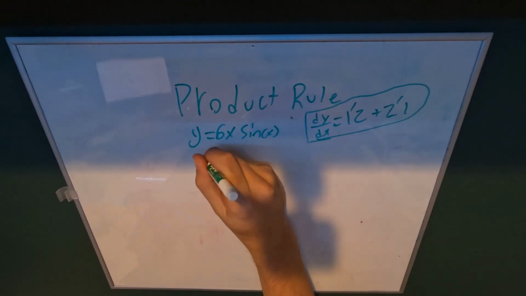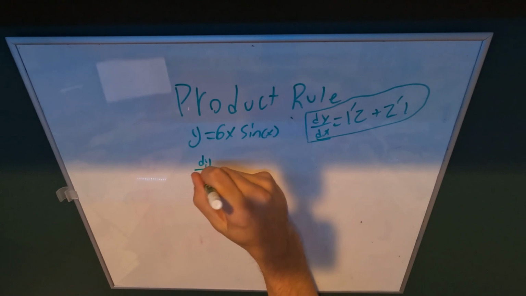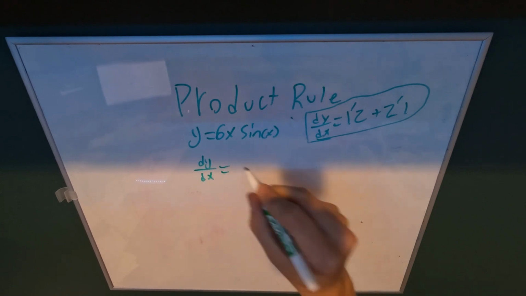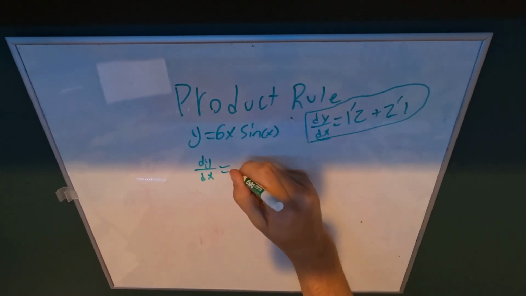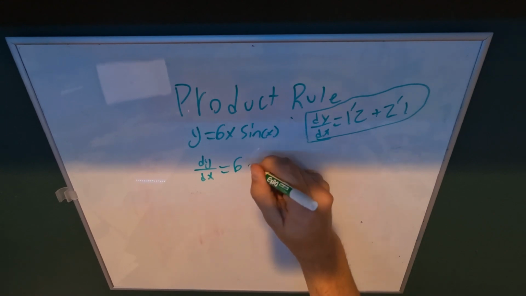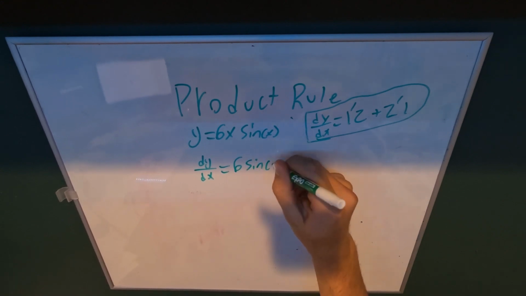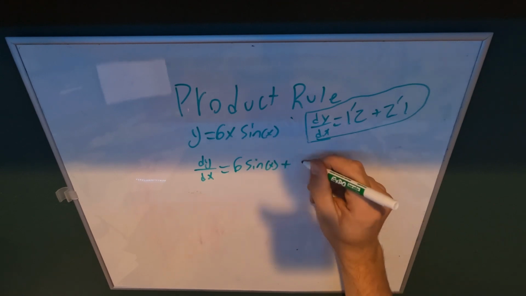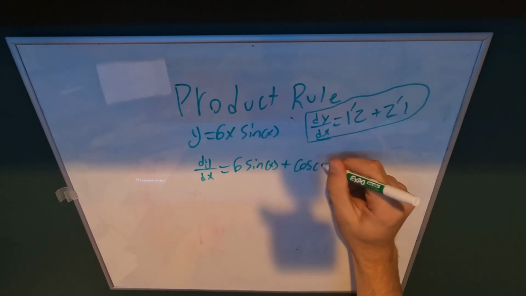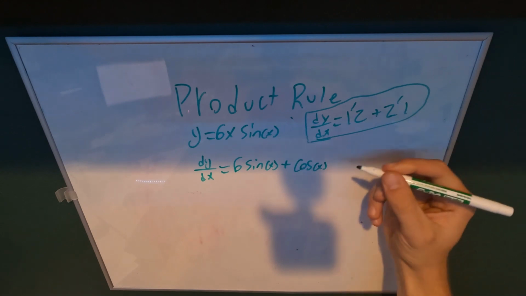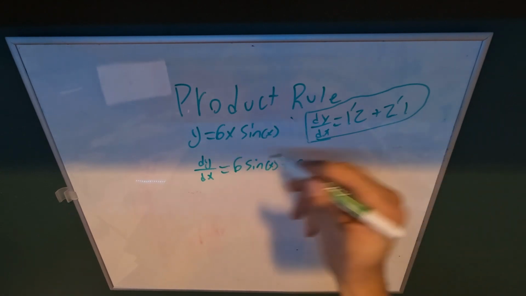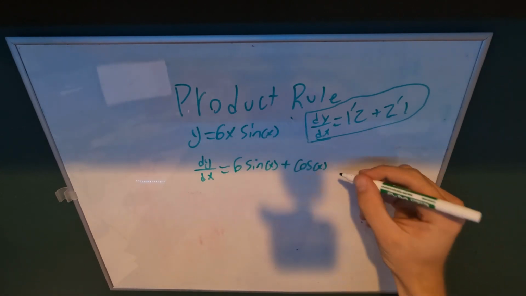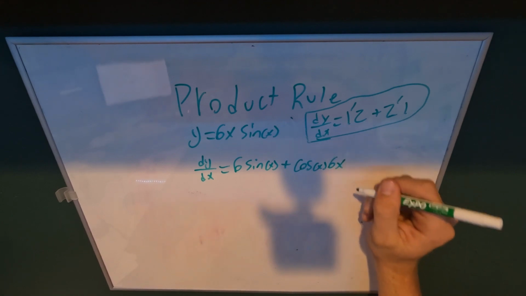So the derivative of that would be the derivative of the first, so that'd be 6 times the second, sine of x, plus the derivative of the second, cosine of x, times the first, so that's 6x.